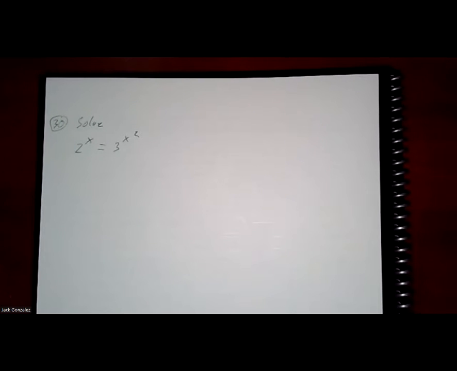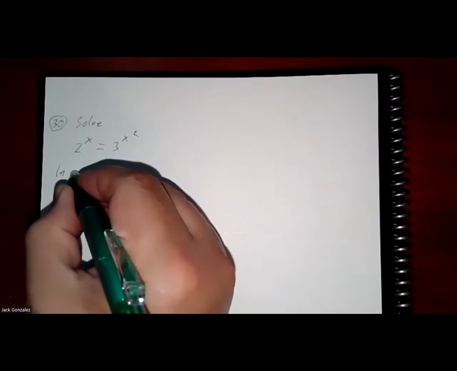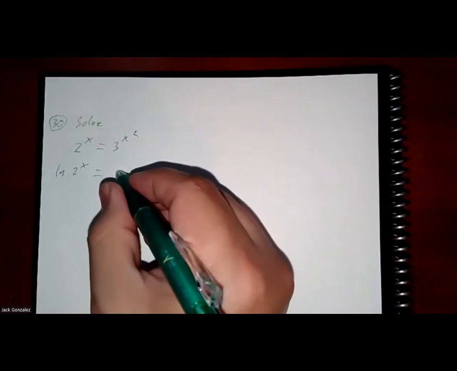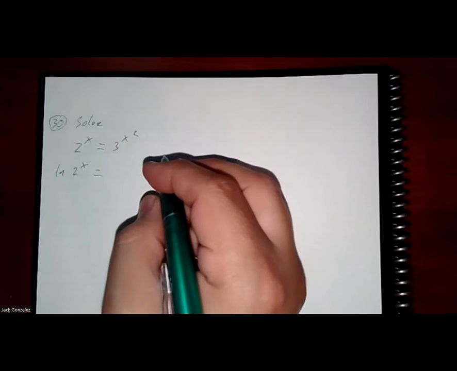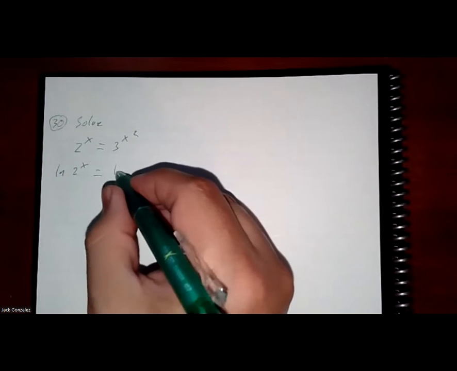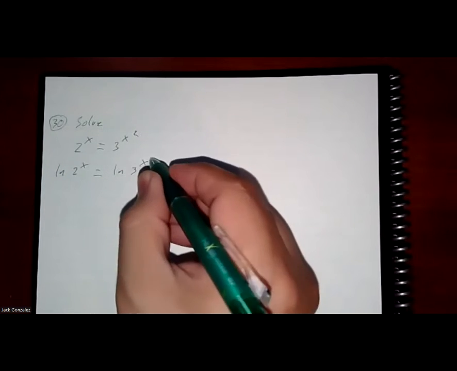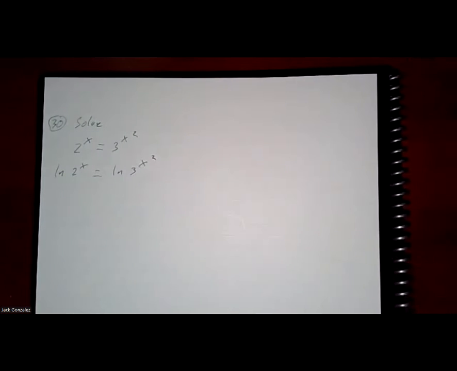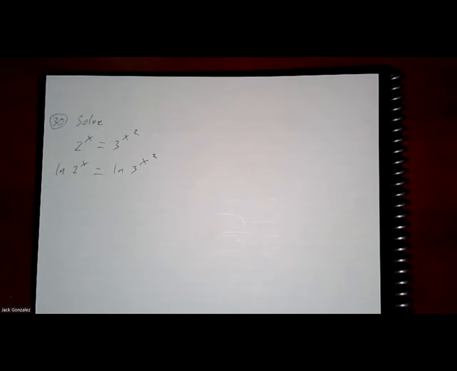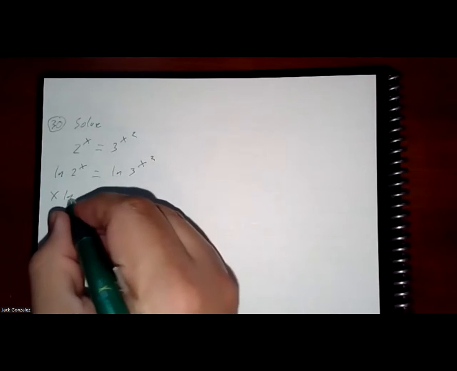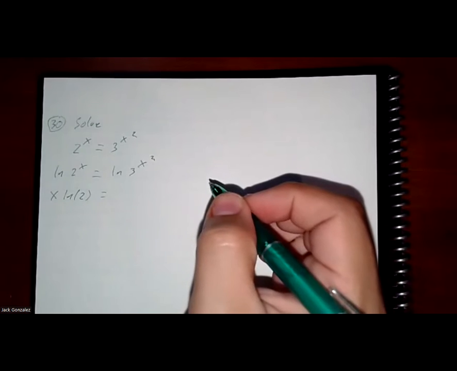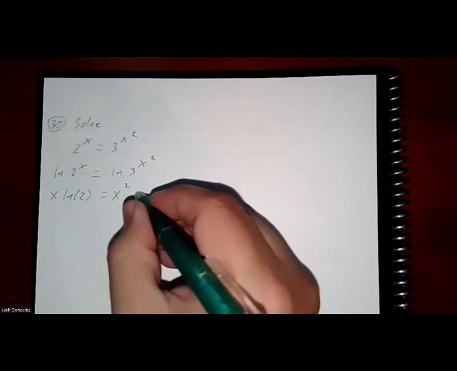So 2 to the x and then 3 to the x squared, or if you prefer, 3 to the x to the 2, which is weird, but whatever, right? First step is introduce any log of your choosing. Then I'll bring down the x, and bring down the power here.